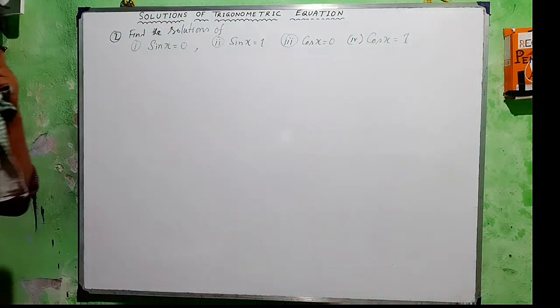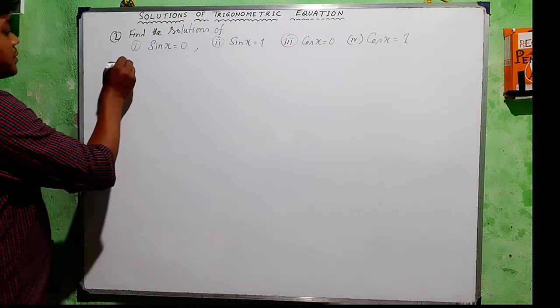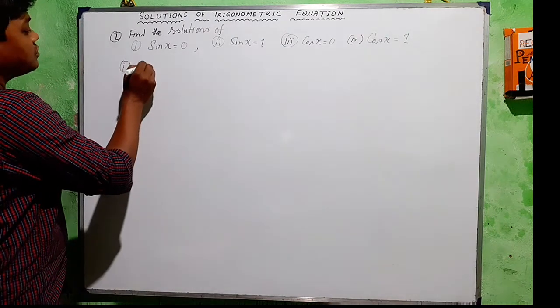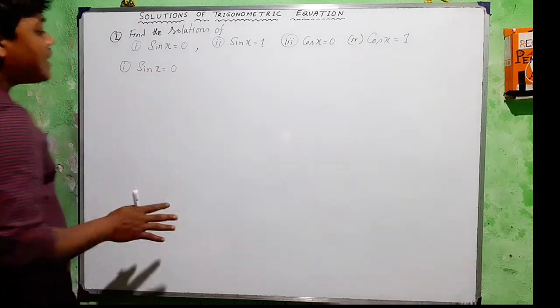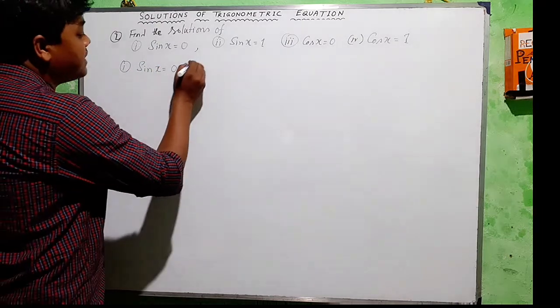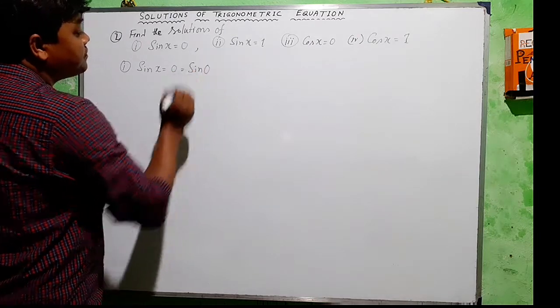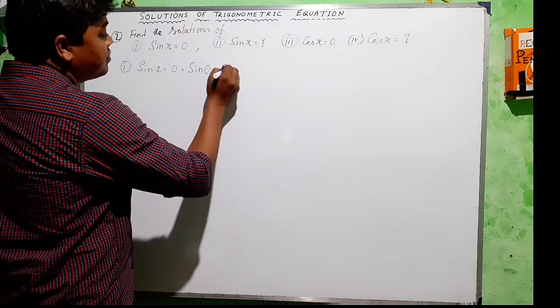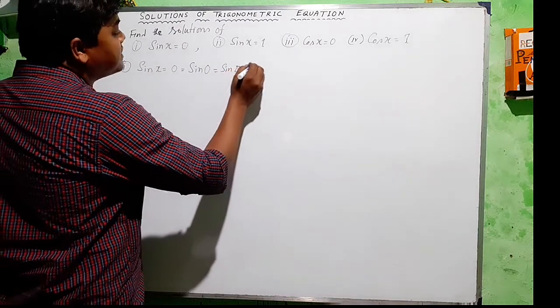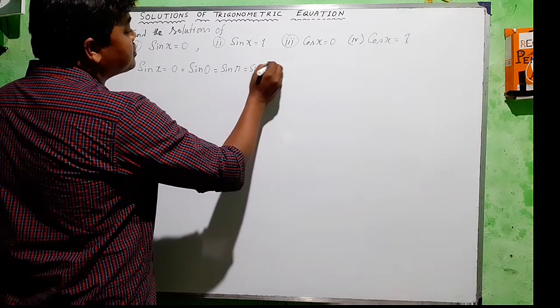Okay. So now the first problem is sin x equals 0. So you know what is the value of sin 0? It equals 0. Sin pi is also 0. Sin 2 pi is also 0, and so on.